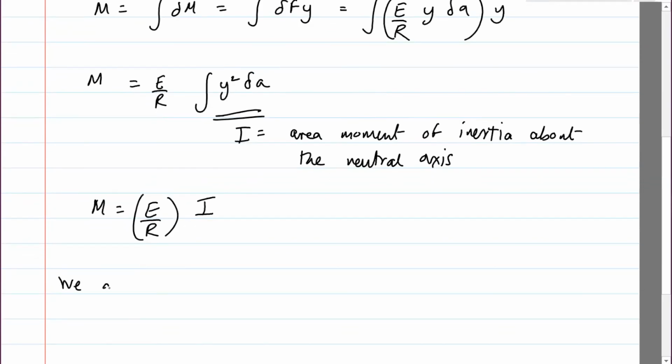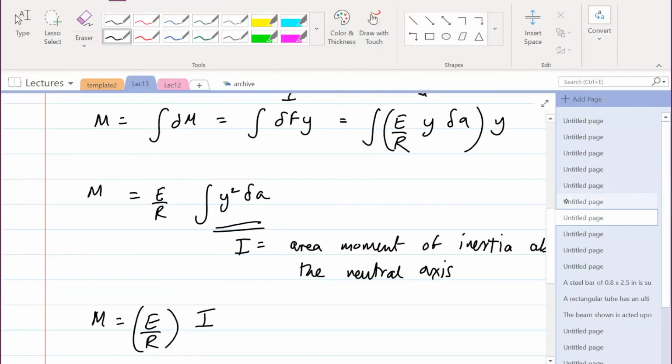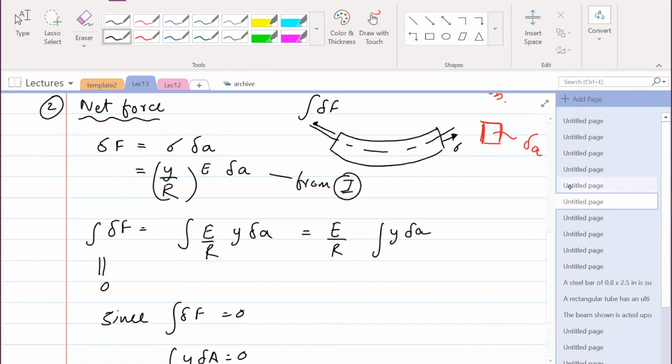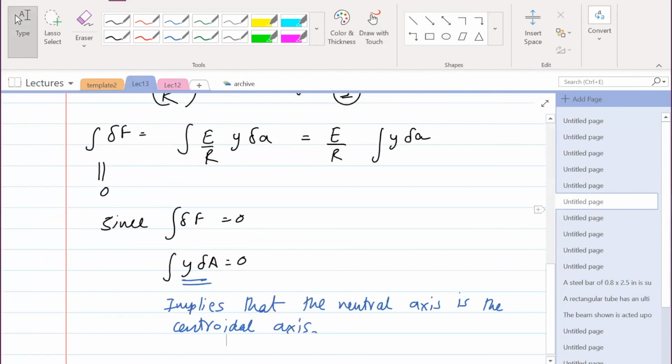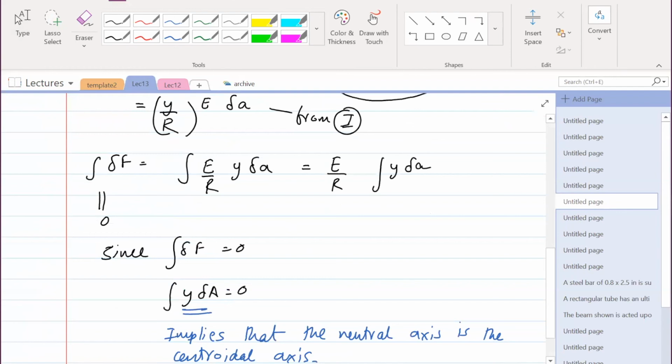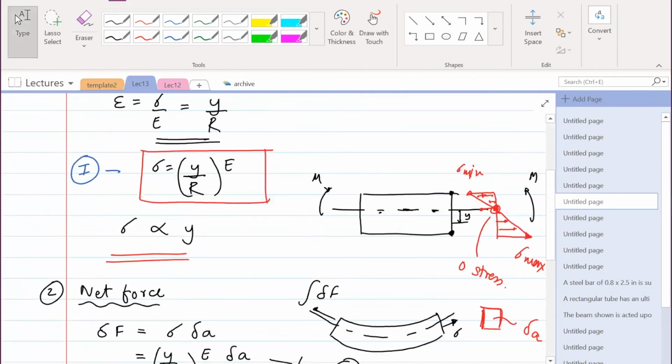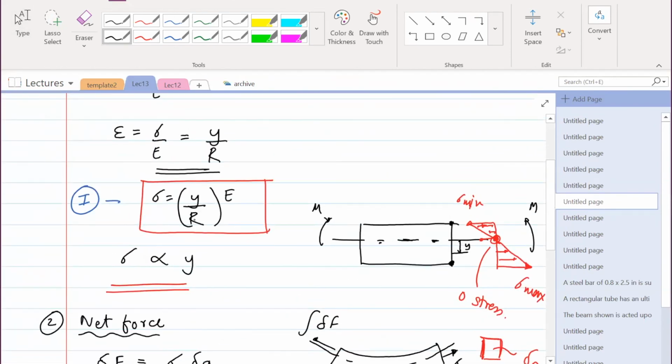We also know something which we derived right here. We also derived an expression for sigma. Okay, there it is: sigma is y divided by R times E. I'm just going to rewrite that.